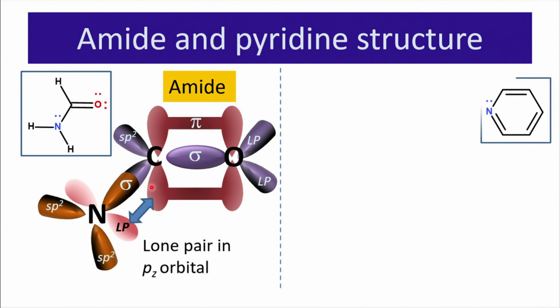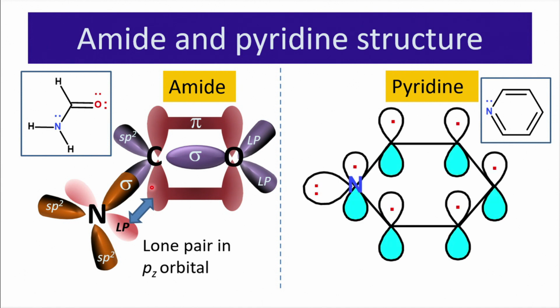So let us take another example, pyridine. Pyridine is a 6-membered nitrogen heterocycle. Here the nitrogen is sp2 hybridized. Unlike the amide, here the lone pair of nitrogen is in the nitrogen's sp2 hybridized orbital. The unhybridized pz orbital has only one electron.